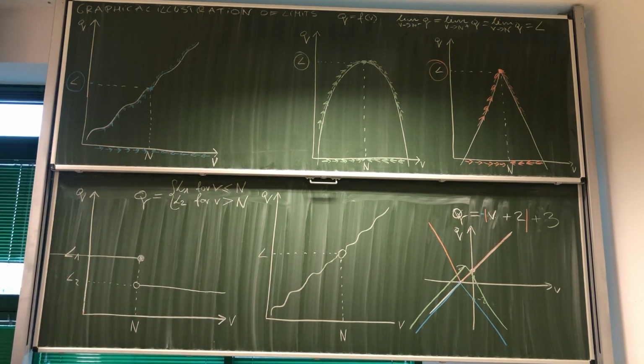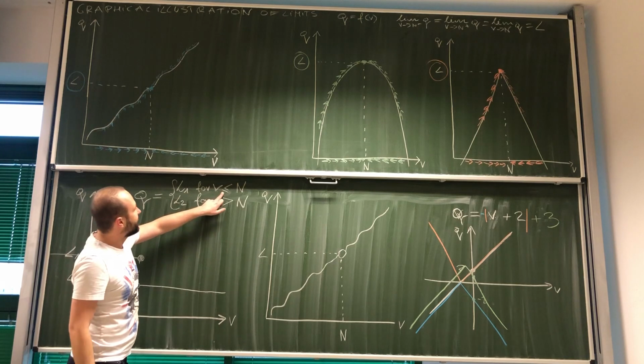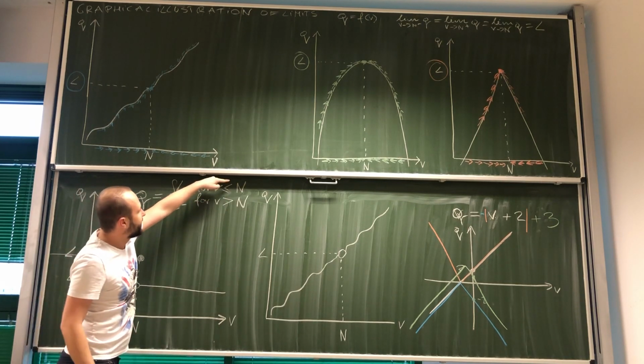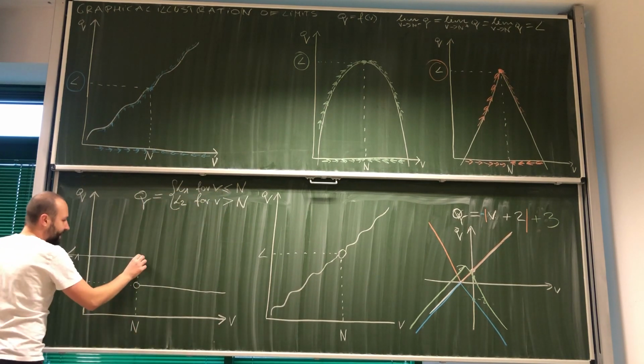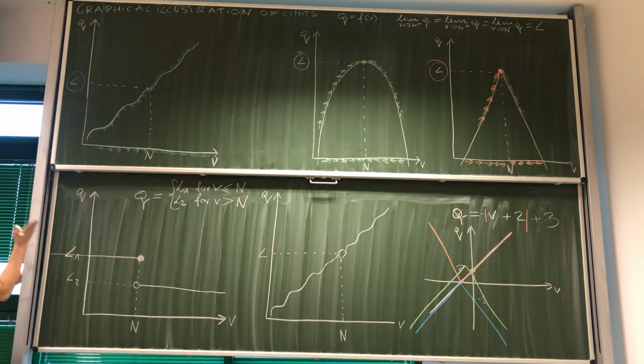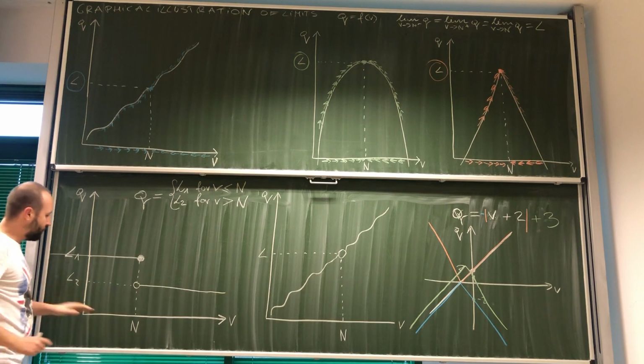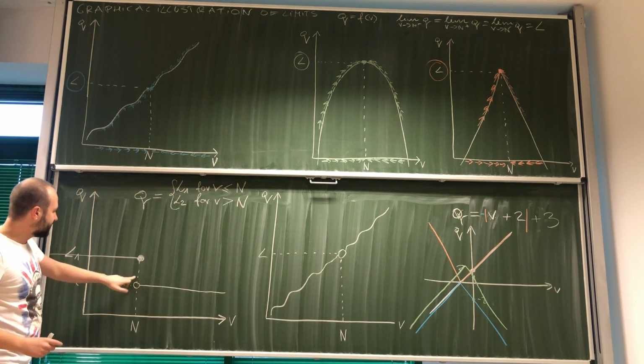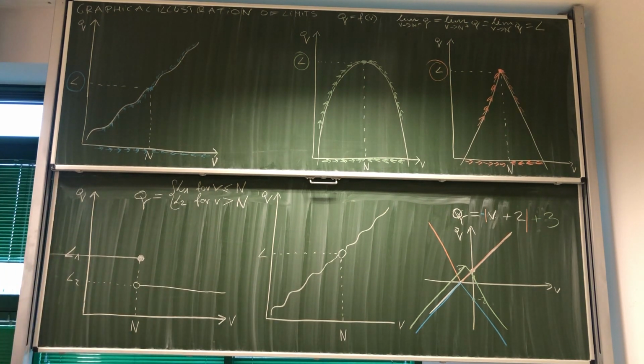And look, of course, from the inequalities over here, where here we have lower or equal to, we get that this point is associated with the value L1, while over here we've got this open circle.